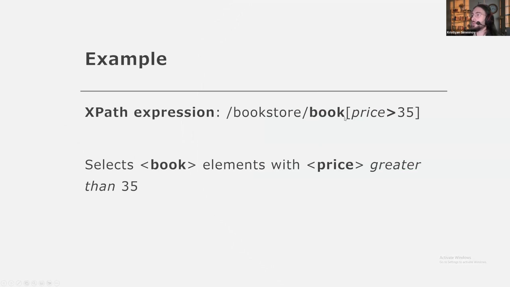But we want to refine our search so the book whose price is higher than 35, or greater than 35. And in our web page, this command is only going to display that particular category of books.